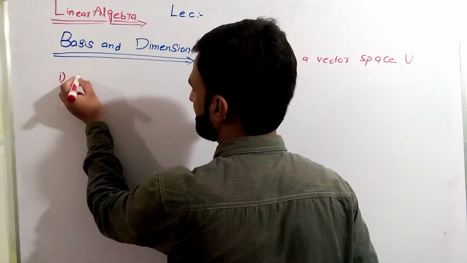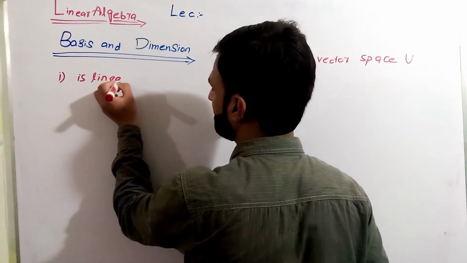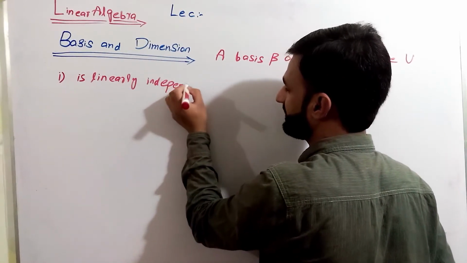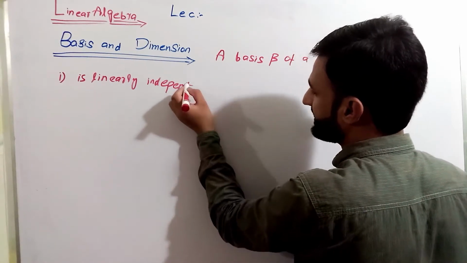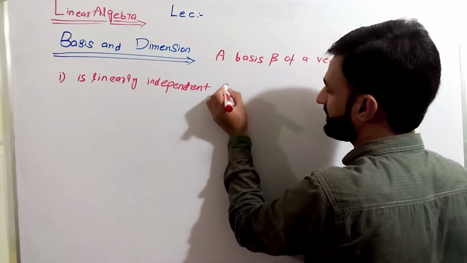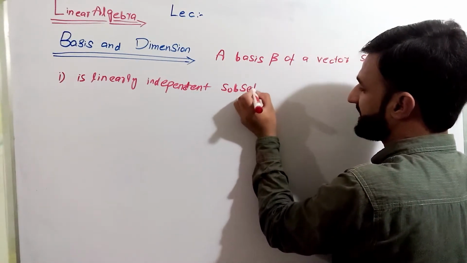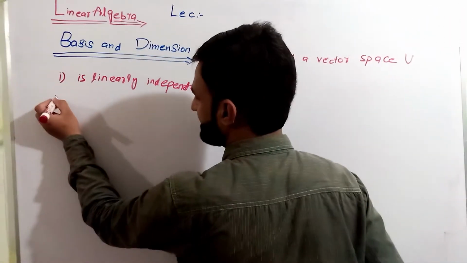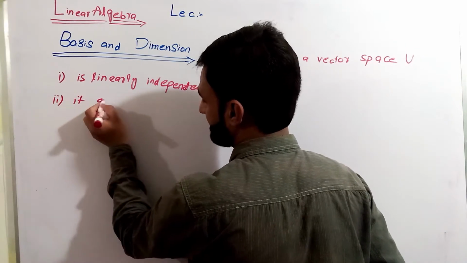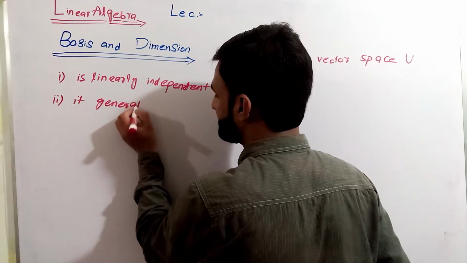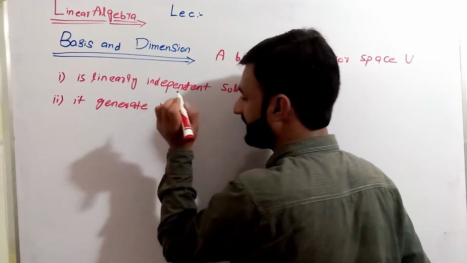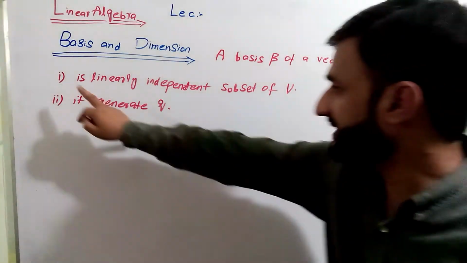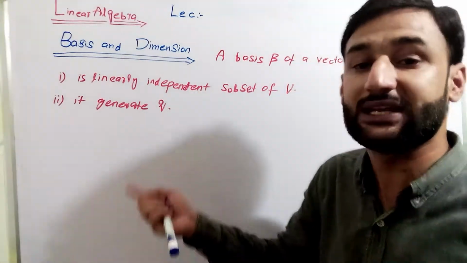Number one condition is that it is a linearly independent subset of V. And the second condition is that it generates the vector space V. The first condition is that beta must be linearly independent.